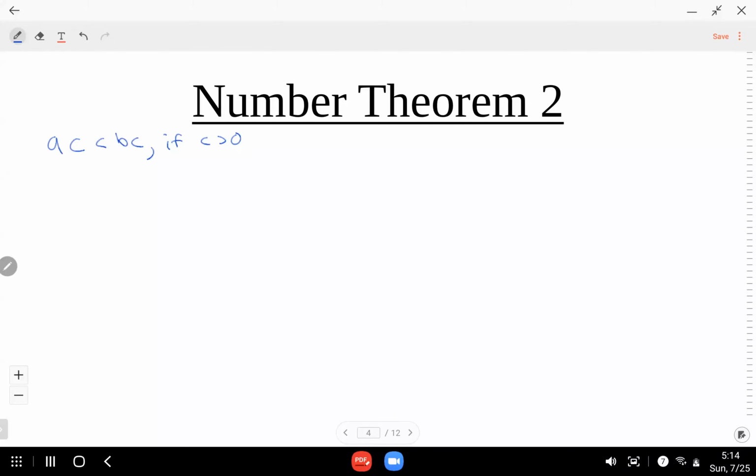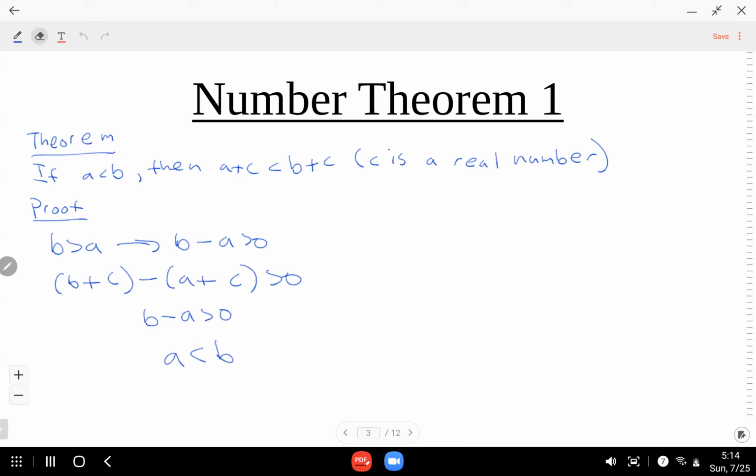Again, we have one identity is less than another identity. So let me remind you what we did back here. Basically, we moved one identity to the other side to make B minus A is greater than 0.